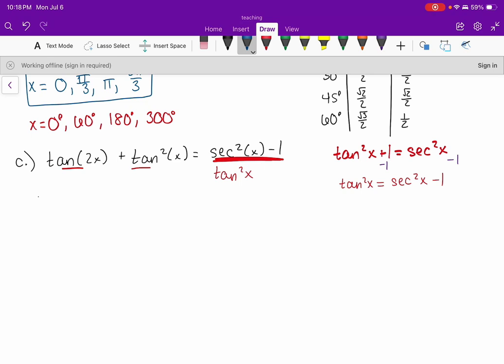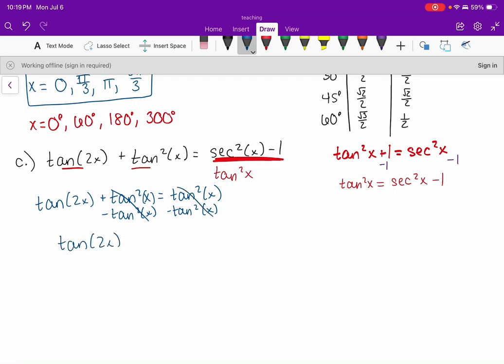So if I replace that, I have tangent 2x plus tangent squared x is equal to tangent squared x. If I subtract this tangent squared x over to the other side, it's just going to go away. So I'm left with just tangent 2x equals 0.